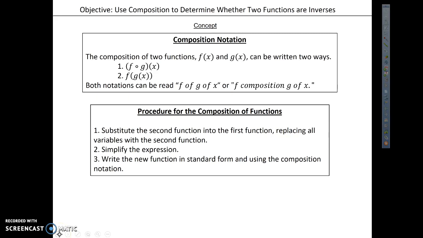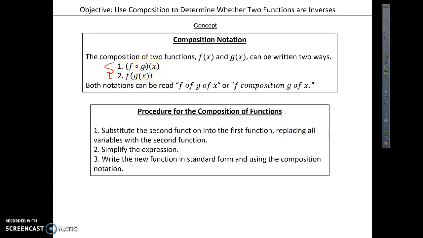Composition is represented kind of funny in math, and you'll see two ways here. The composition of two functions, f of x and g of x, can be written in two ways. You'll see f, then a circle, g, close parentheses, of x.